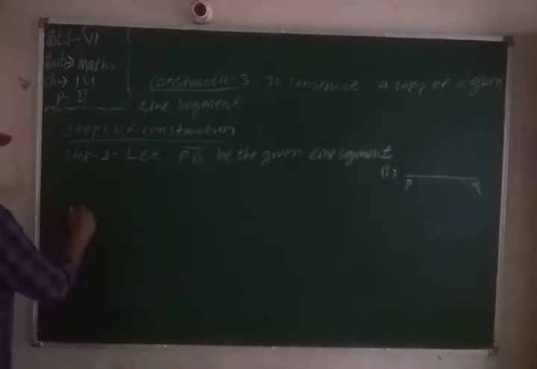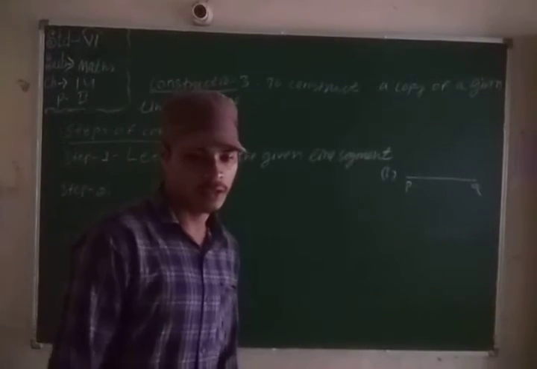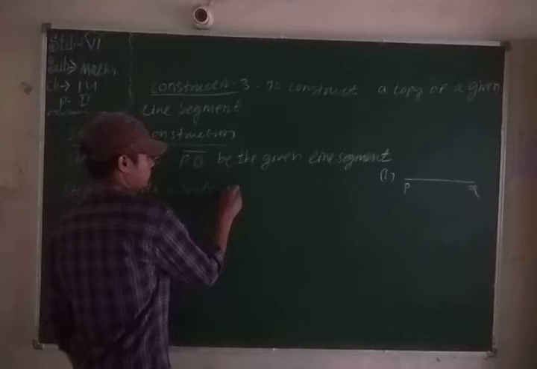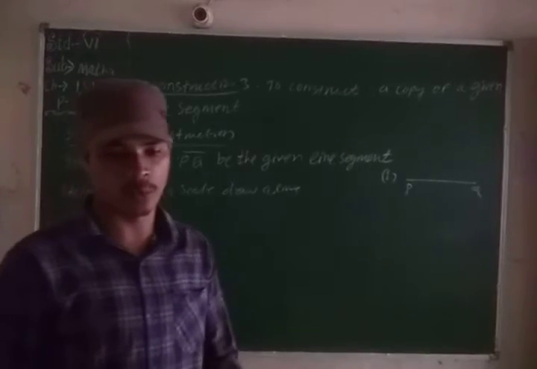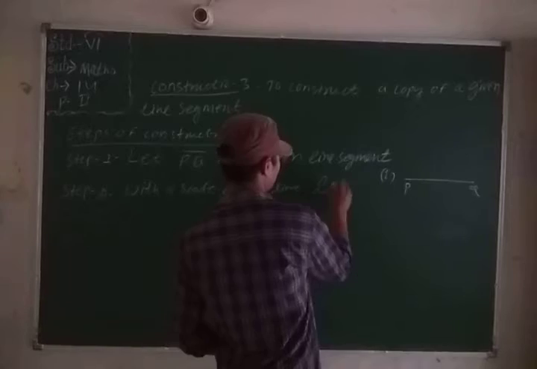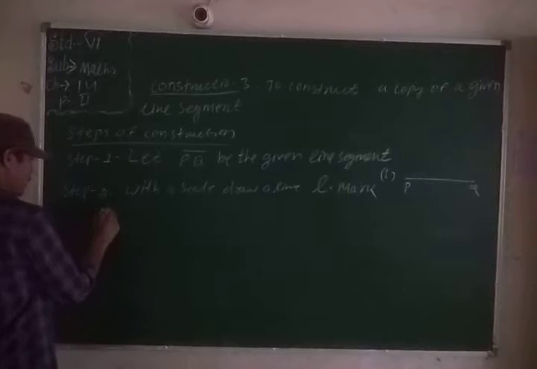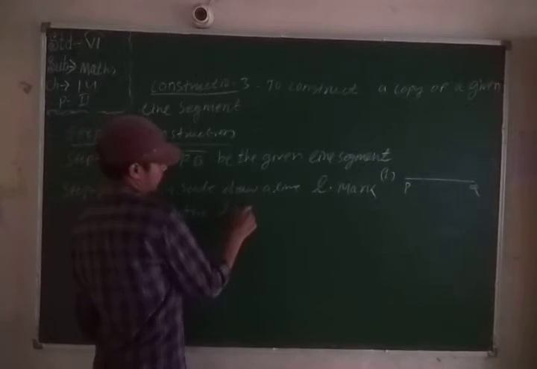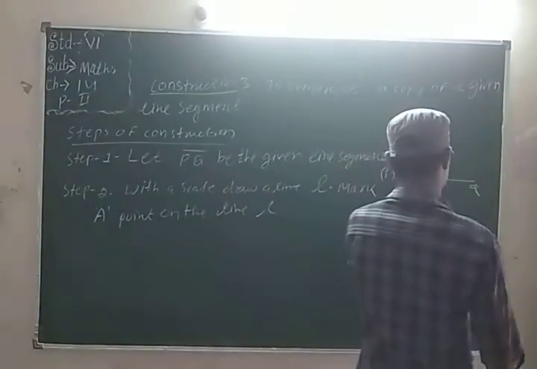Now step 2. With a scale, draw a line L and mark a point A on the line L. That means we use a scale and draw a line like this.